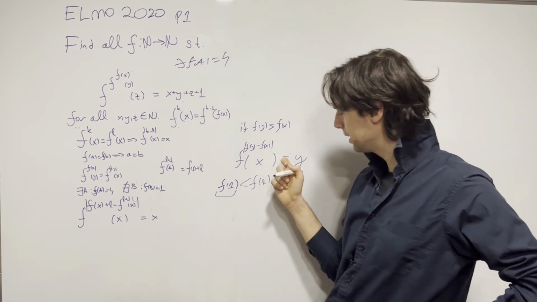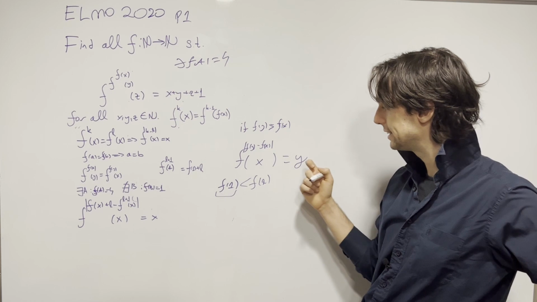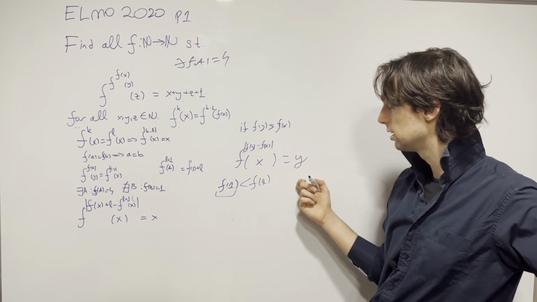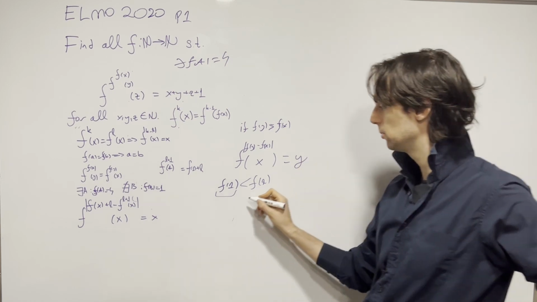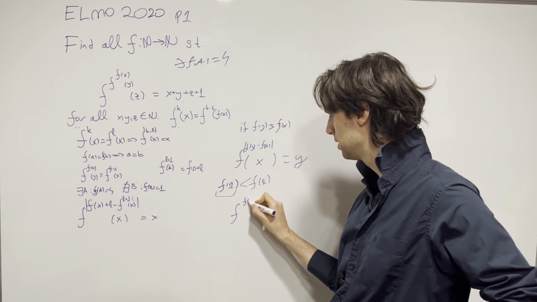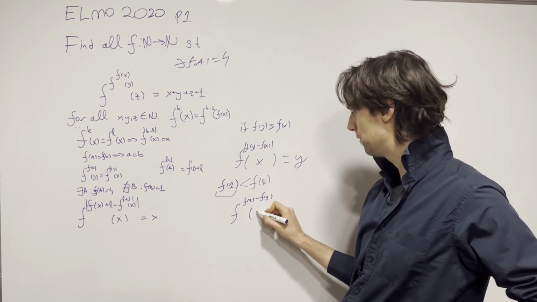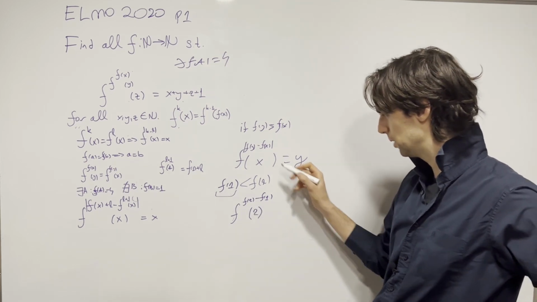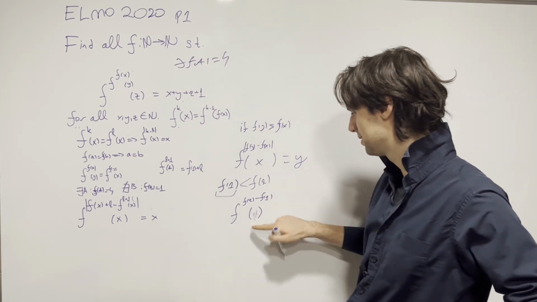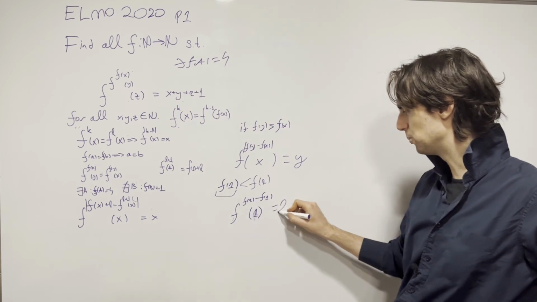So if we plug in x is equal to 1 and y is equal to 2, we'll have f of 2 minus f of 1, of 1 is going to equal 2.